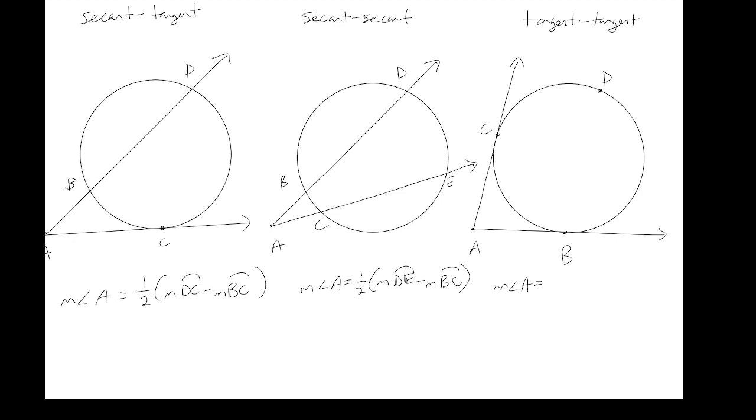I'm going to call it D, just so I can differentiate between the major and the minor arc. So the measure of angle A is equal to 1/2 of the measure of the outer arc, which is the major arc BDC, minus the inner arc, which is the minor arc BC.